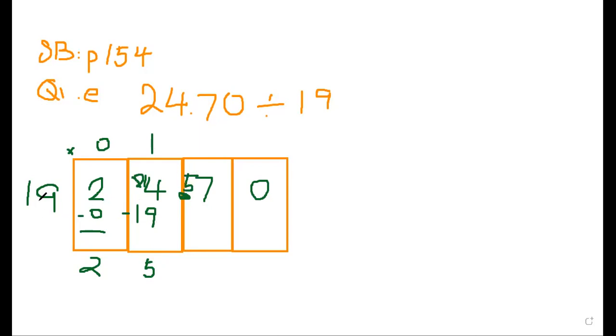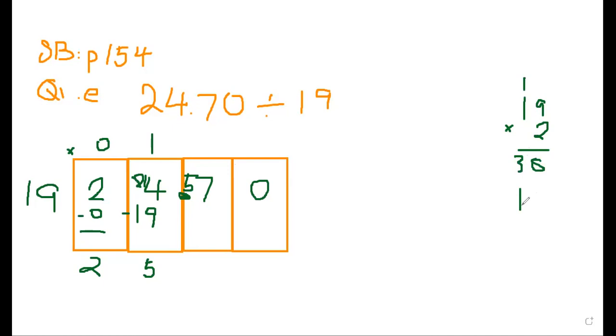57 divided by 19 is what? If you cannot do it, you can just try here. Let's try to multiply. What is the opposite of division? It's multiplication, isn't it? So let's start with 2. 9 times 2 is 18. Carry 1, it's 38. So it's not enough because we have 57.